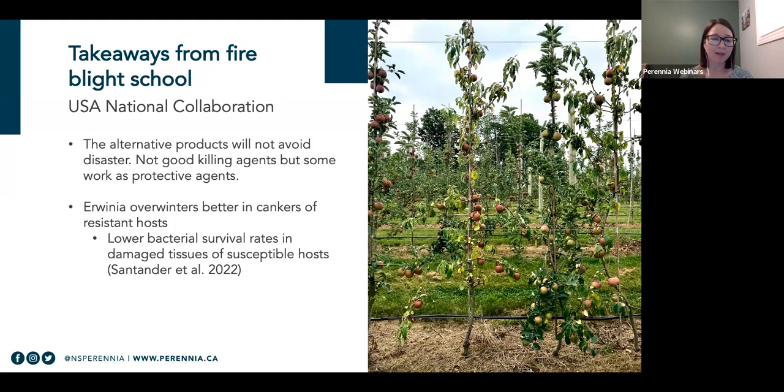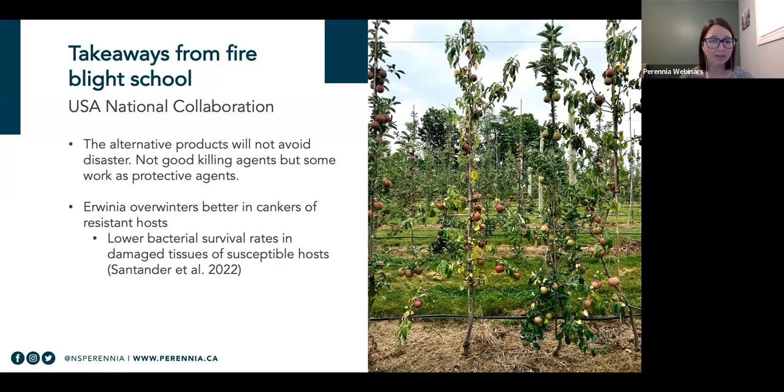If you already have a bacterial population on the stigma, they're not good at killing it. Where they might be helpful is in working as protective agents. That becomes a lot more complicated with continually applying those products and being aware of what kind of bacterial populations are present. And we definitely don't have experience with that locally.